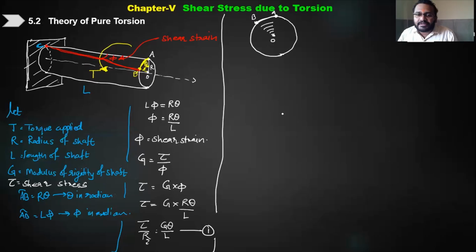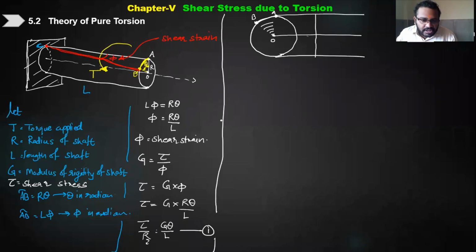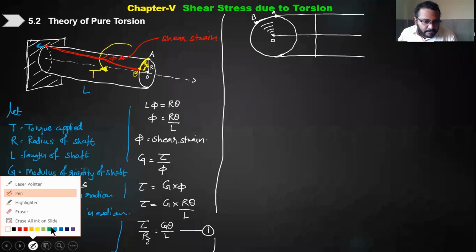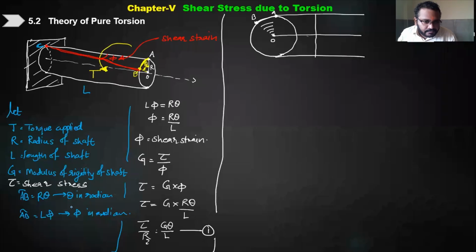तो यहाँ पे हमें पता चलता है कि वेरिएशन ऑफ शेयर स्ट्रेस कैसे होने वाला है. The variation of shear stress will be, unlike your bending and shear due to transverse loading, the shear stress is going to be maximum on the outermost fiber.